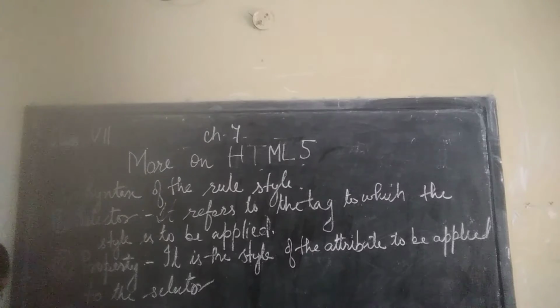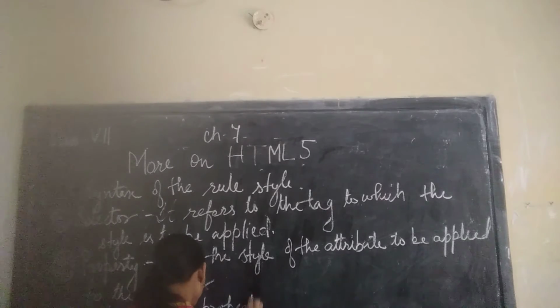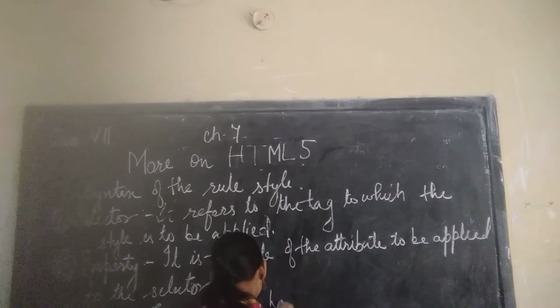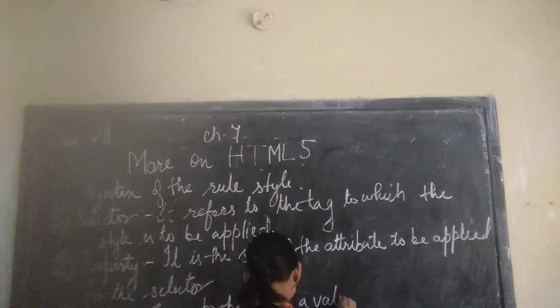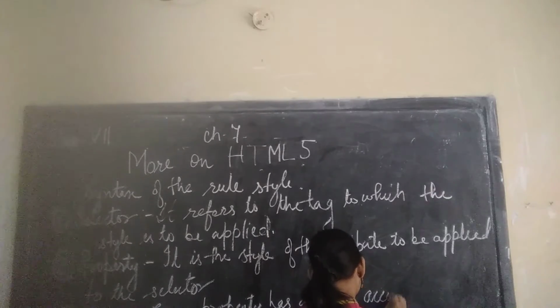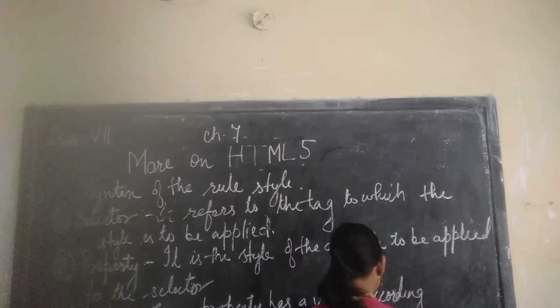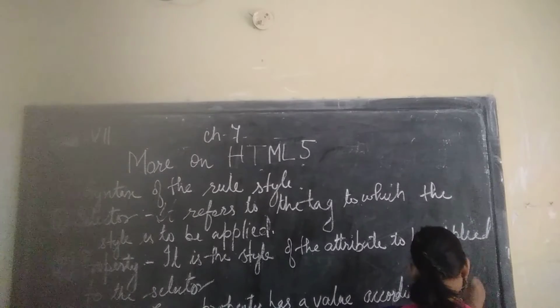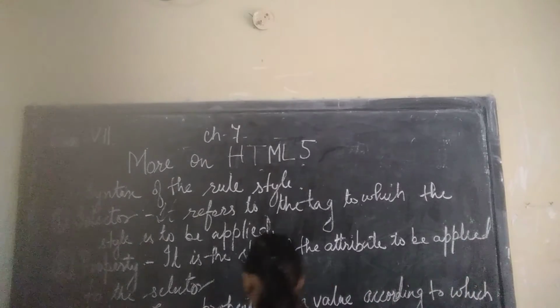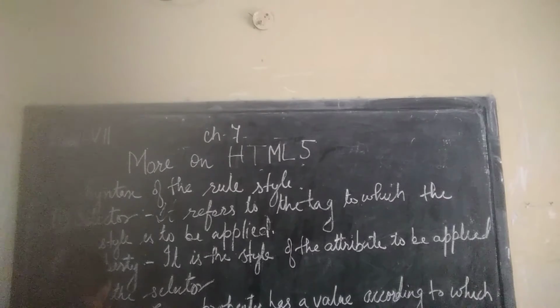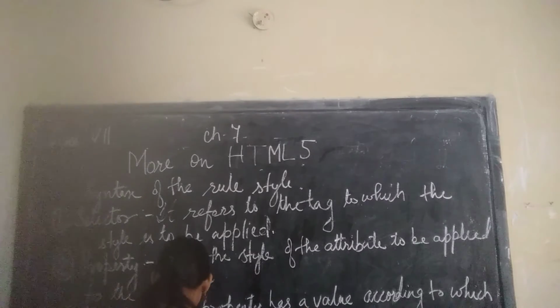Now the third point is value. Every property has a value according to which the selector is displayed.